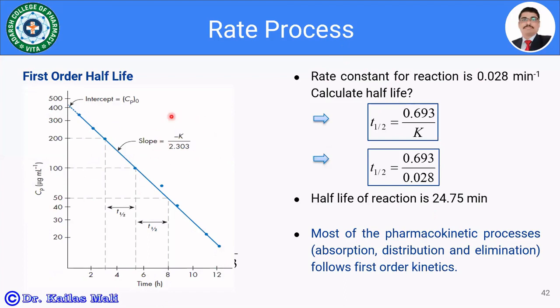With the help of this slope, it is possible to get an idea about k. Once we calculate k, put the value into the equation of t half and you will get an idea about the half-life. As you know, the half-life is the time required to convert half the quantity of reactant into product. Say, for example, the original quantity is 200, isn't it?